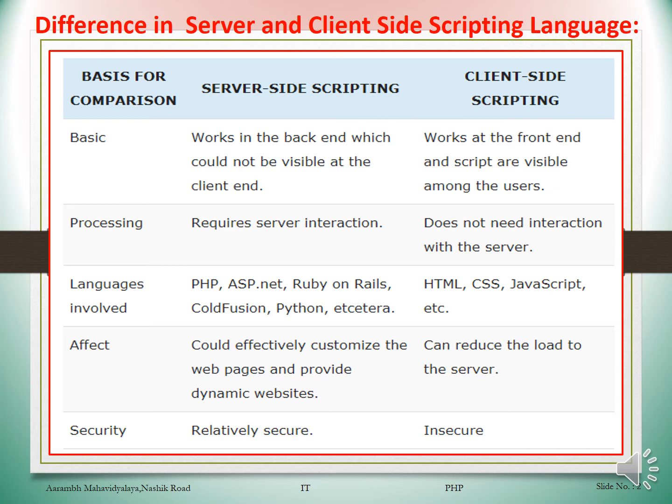But for server-side scripting language, after its interpretation, it requires a special interface. It may be Apache, and we are going to study all about these interfaces. Without these interfaces we cannot see the output of server-side scripting languages. These are some of the basic differences between the server-side and client-side scripting languages. Got it?